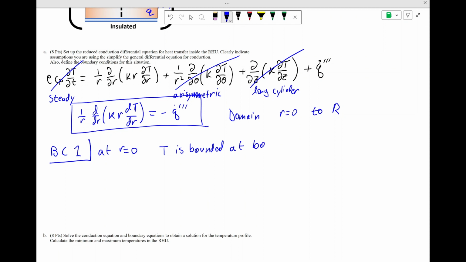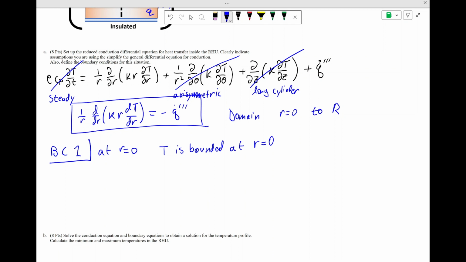That's a little bit of a funny one. It basically means that when we solve this equation, we're going to get a natural log of r term multiplied by a constant, and for that not to blow up, to keep our temperature bounded, that constant needs to equal 0.